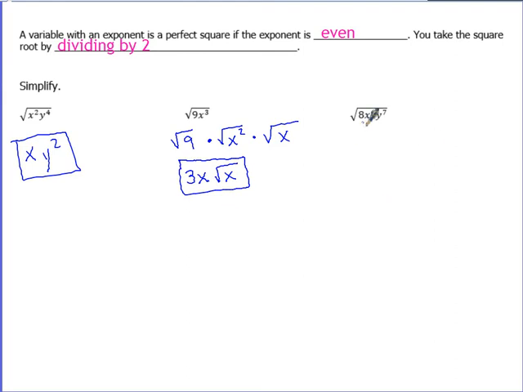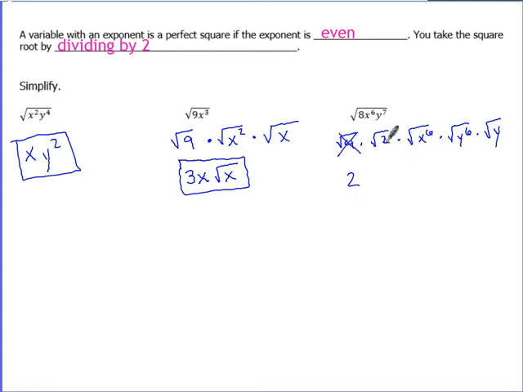Same thing here. So 8, I can break apart into the square root of 4 times the square root of 2. x to the 6th is already an even exponent, so I'm going to leave it. And then my y, I'm going to break apart into y to the 6th times y. I just want this to be an even exponent. That's how I'm breaking these exponents up. The square root of 4 is 2, so I took care of that one.